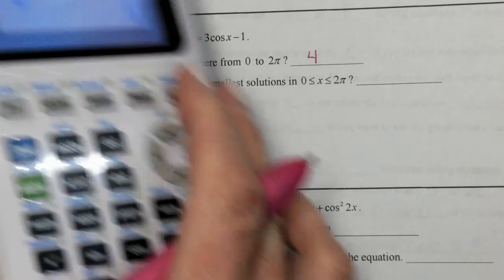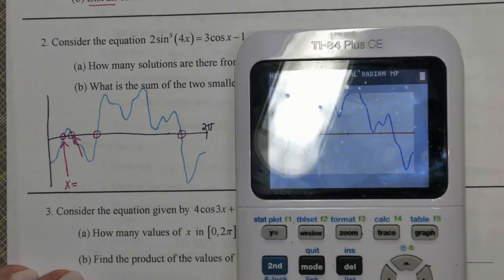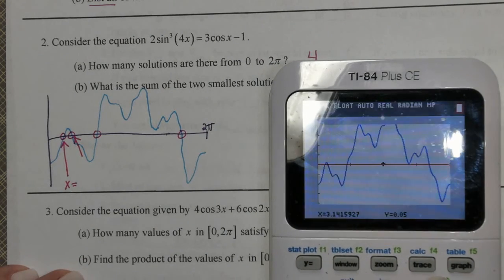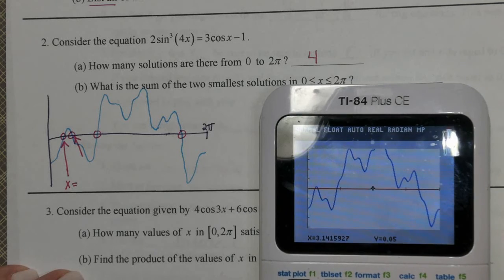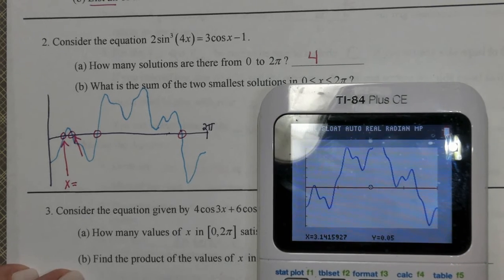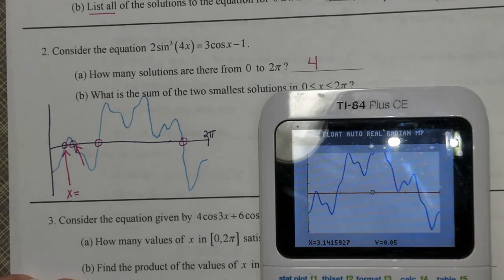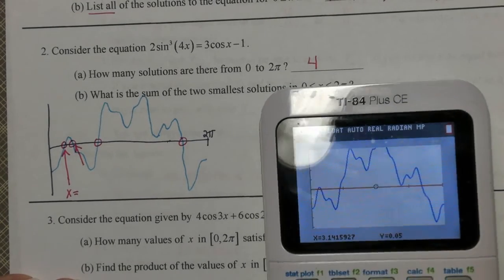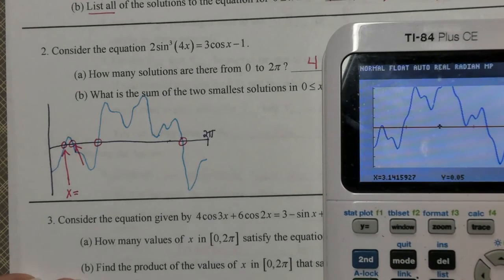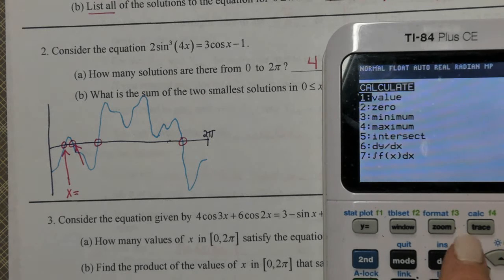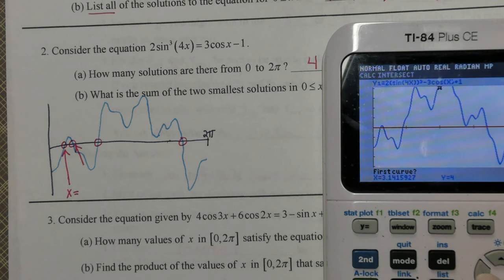Okay, so here we go. Come over. Avoid your glare. Okay, I wish this was a little bit better. Alright, so second calc 5 to get your intersection point.